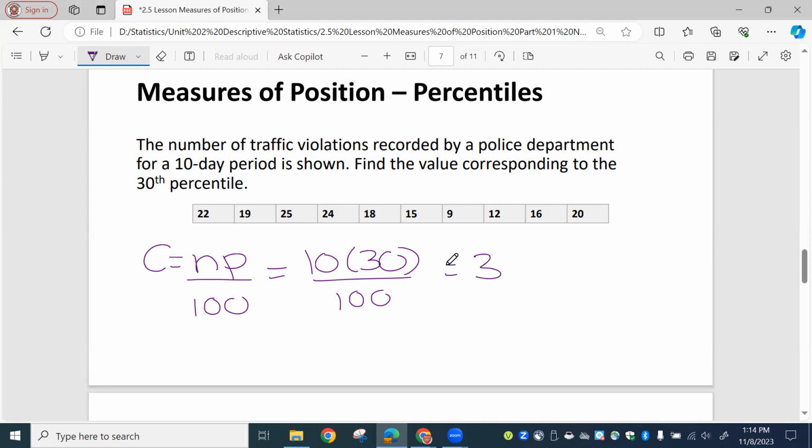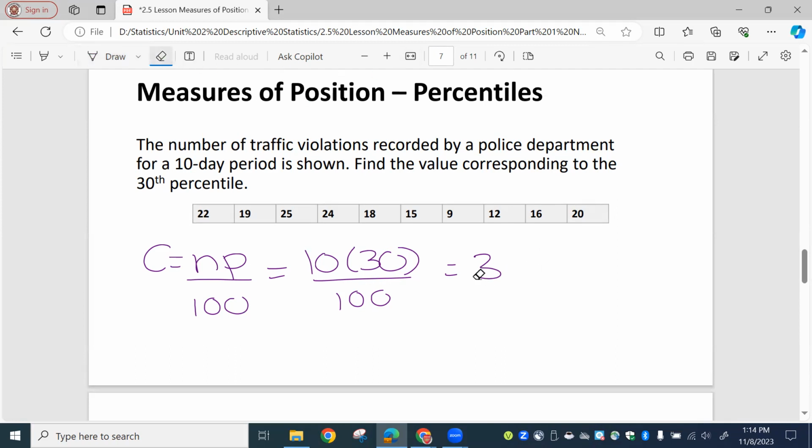When we get a decimal here, we round up to the nearest whole number. When we get a whole number, we're actually going to go between this number and the next whole number. Actually, let me rephrase that.